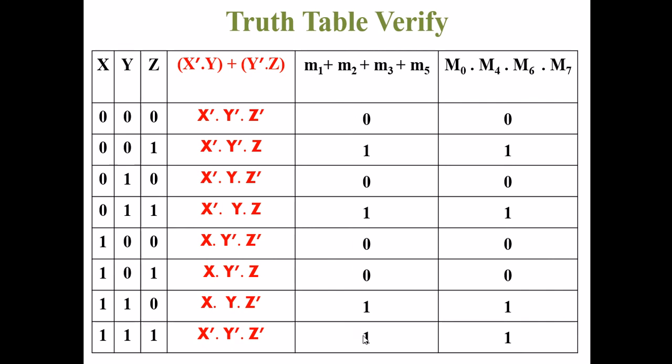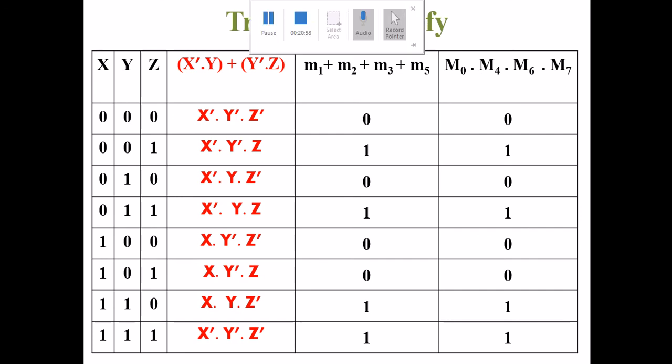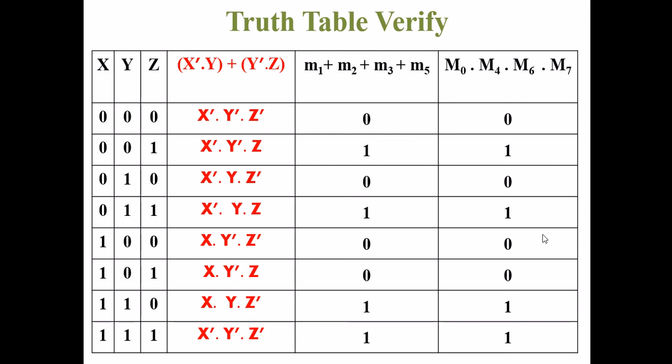You will find this column, and then again you need to place ones for m0, m4, m6 and m7, then multiply all the terms, you will get this column. Okay, so you must verify this, and then you will have to give me feedback on whether the combination is right or wrong.